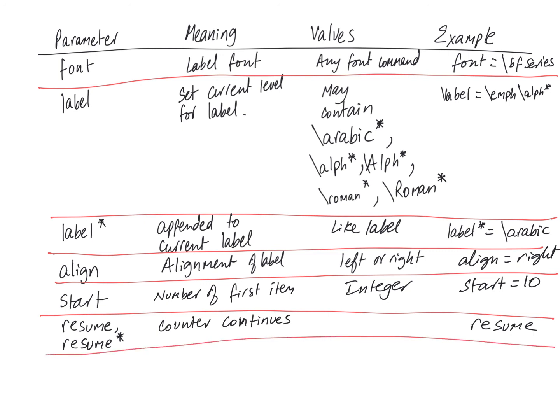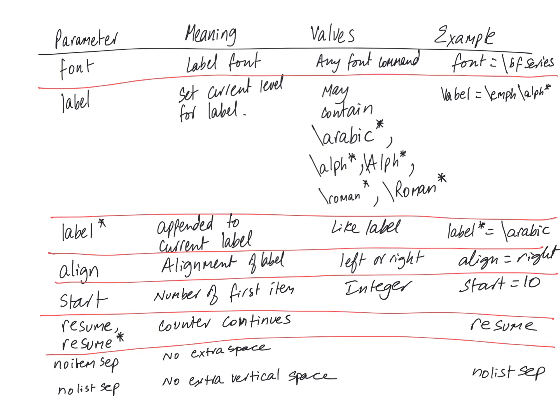And then we had no item space. Item SEP, sorry. So this would have no extra space between items and paragraphs. And then similarly we had no list. No extra vertical space between the items. So they're very close to each other. So the example was no list separation.